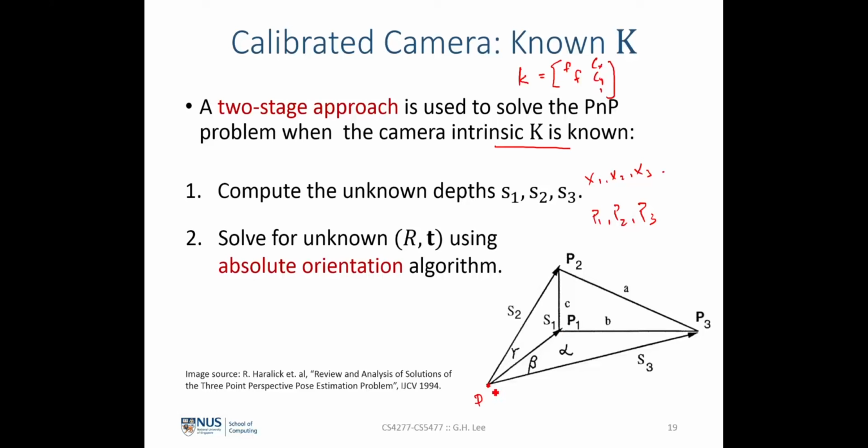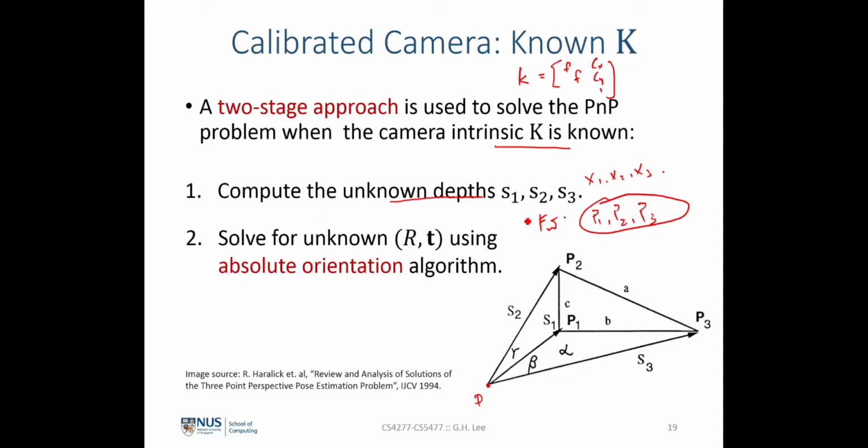And S2 would be similar from P to P2, and for S3, it will be P to P3. So these depths are unknown. What we are given are these 3 points with respect to the world frame, as well as the observed image points, which I will define later in this formulation. So the first step would be to compute these unknown depths.